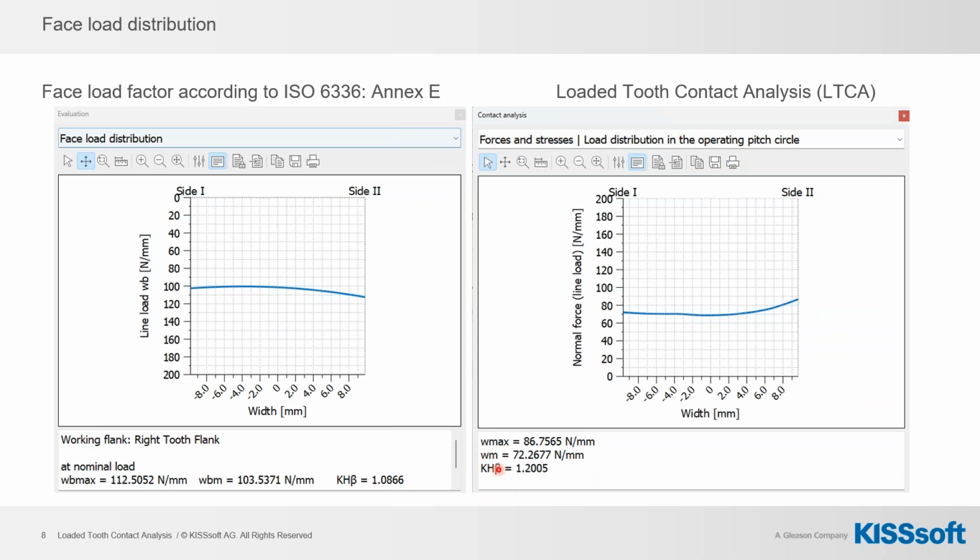So the question is, which result should I trust? Now, obviously, the stiffness model in the loaded contact analysis is much more accurate. In fact, it is nonlinear, whereas in Annex E, the stiffness is considered constant. So we can see some interesting effects, but the trend goes in the same direction, right?